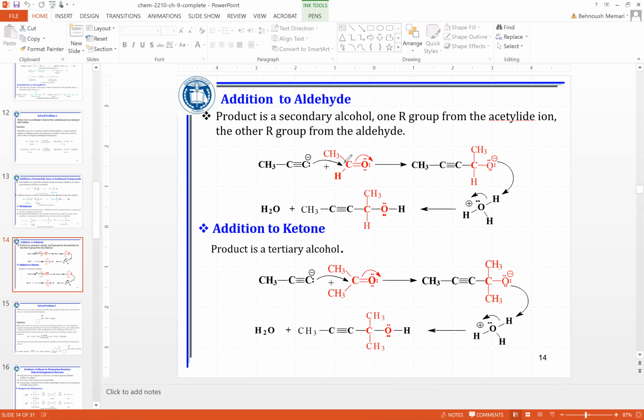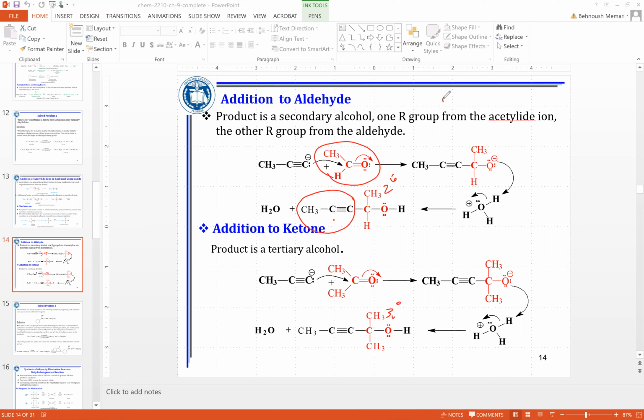Grignard plus aldehyde would give you secondary alcohol. In this case, instead of the Grignard, you have the acetylide ion, and acetylide ion plus the aldehyde would yield secondary alcohol. Acetylide ion plus ketone would give you tertiary alcohol. So the pattern is going to be the same as Grignard reagent.